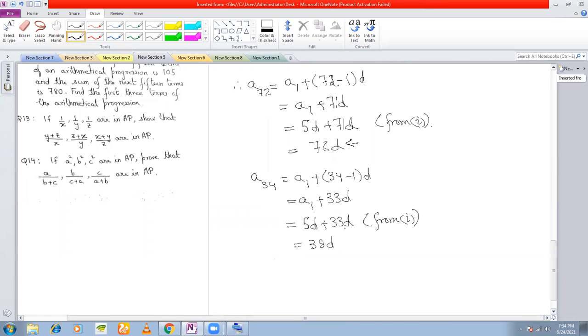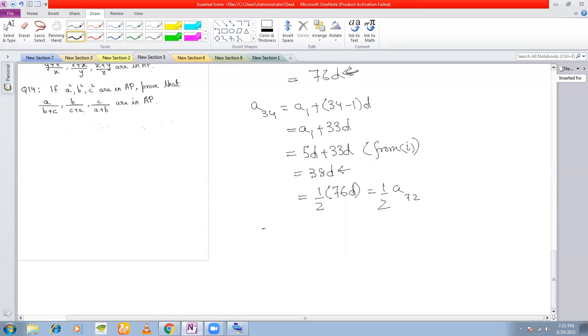Now you see how much is A72? 76D. How much is A34? It is 38D. Double of 38 is 76. So you can write this as half of 76D. And 76D is A72. So how much are we getting? A34 is equal to half A72.